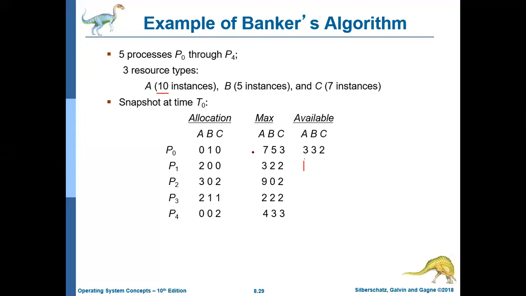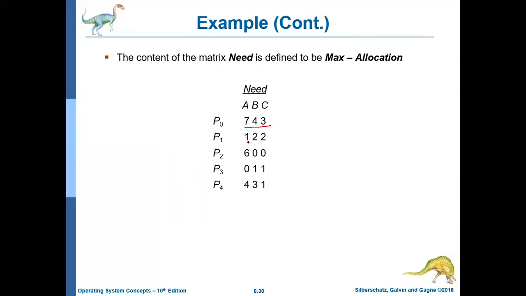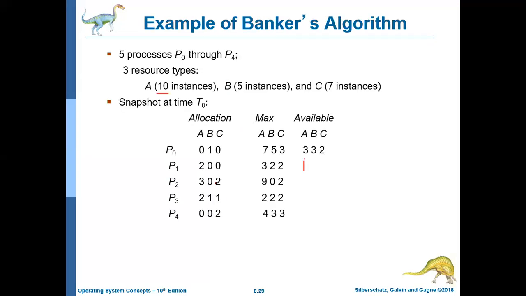Similar to that, 322 minus 200. 3 minus 2, 1. 2 minus 0, 2. 2 minus 0, 2. So 1, 2, 2 will be the need matrix. In this way, you need to calculate the complete need matrix. Need matrix generally will not be given to you. You have to calculate it from the available and max demand of the processes.